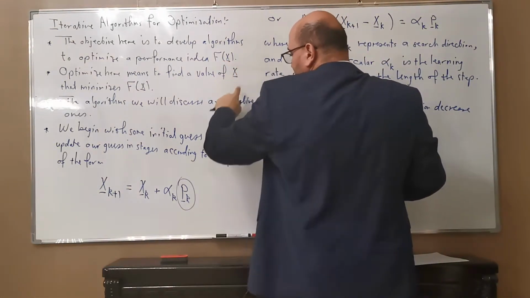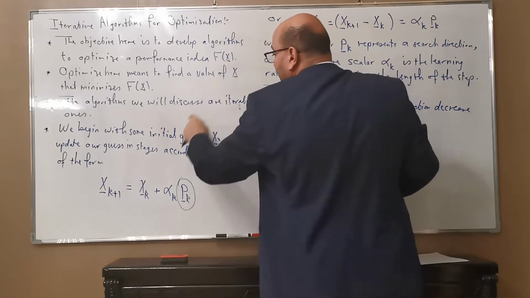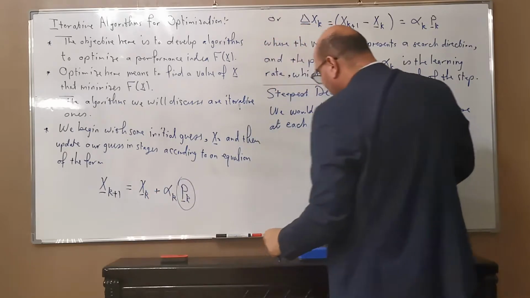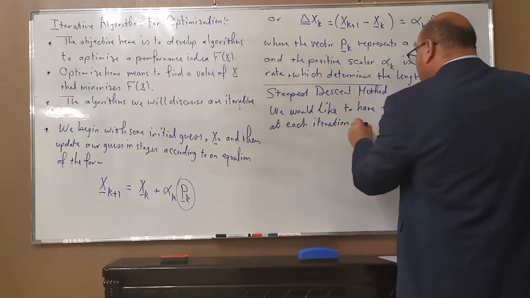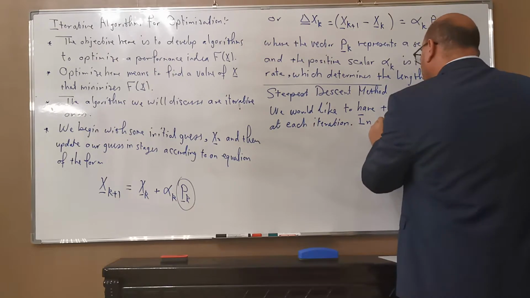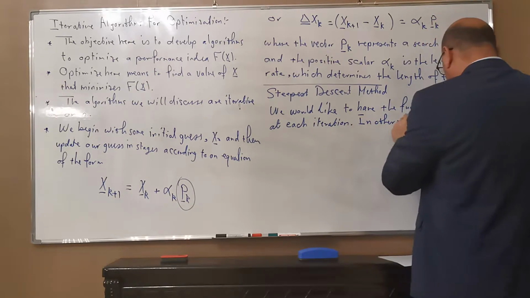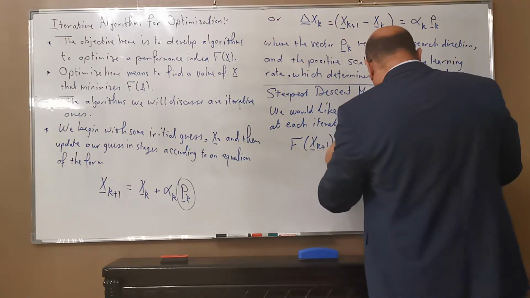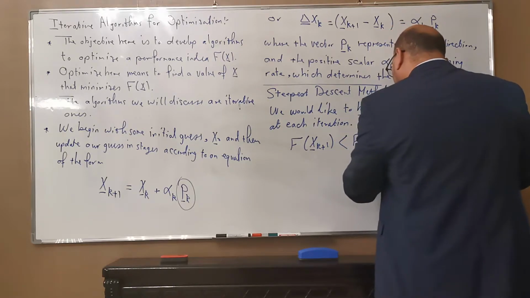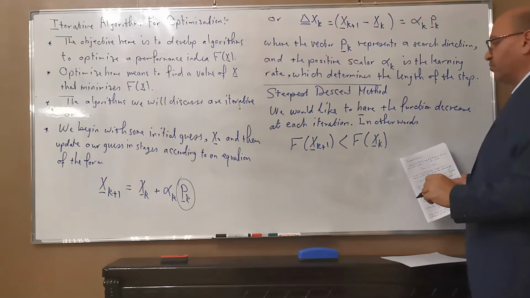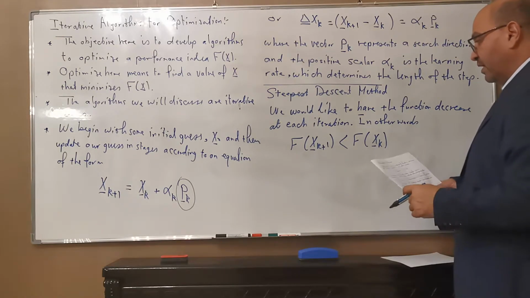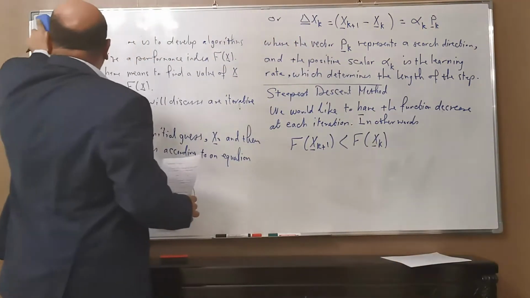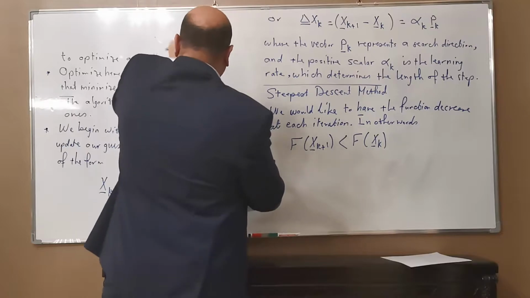So if I'm taking x here to be x of k, the next one, x of k plus 1, should have f that is less than f at xk. Okay, so in other words, we should have f of x at k plus 1 definitely less than f at x at k. This is what we are looking for in each iteration, until we reach some criterion to stop our algorithm. Okay.